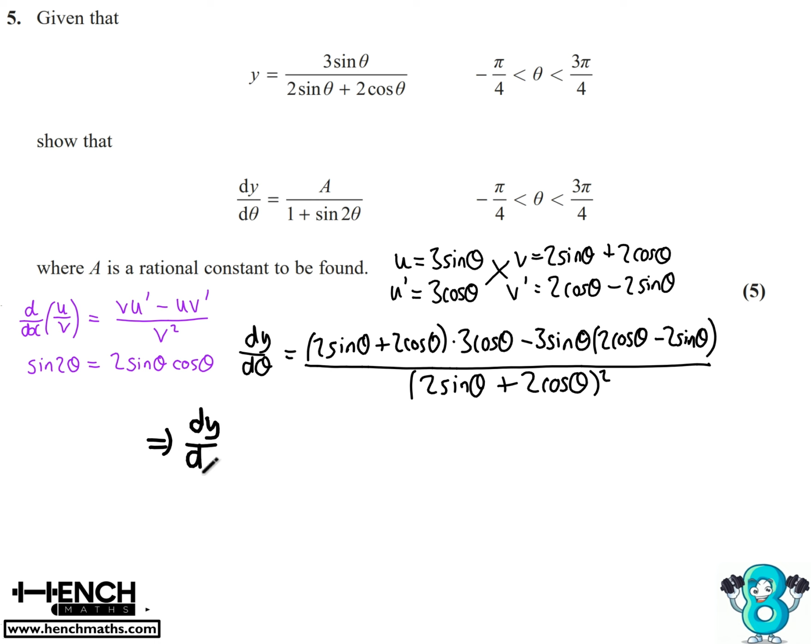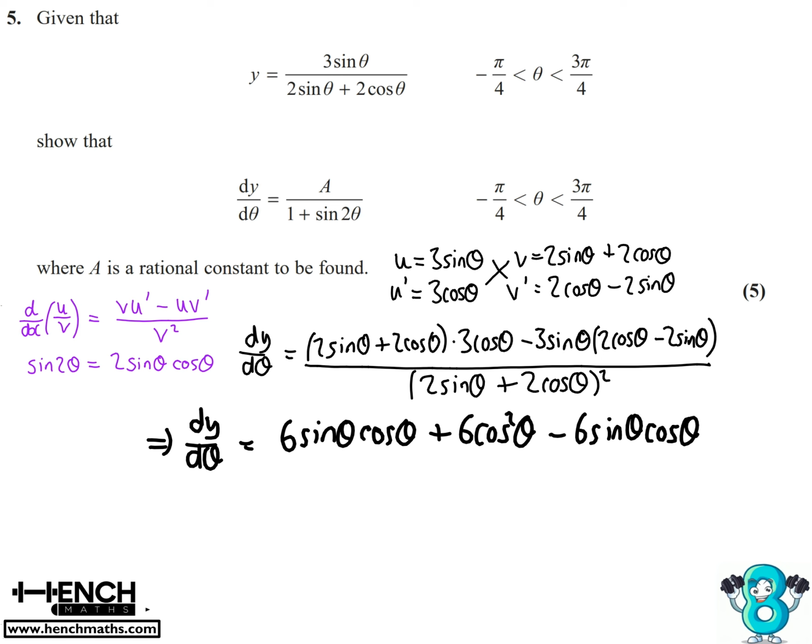So dy by d theta is going to be equal to 6 sine theta cos theta plus 6 cos squared theta. Subtract 6 sine theta cos theta, so that's nice, plus 6 sine squared theta.